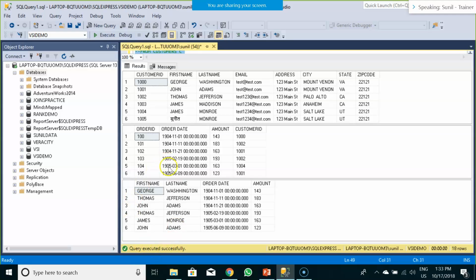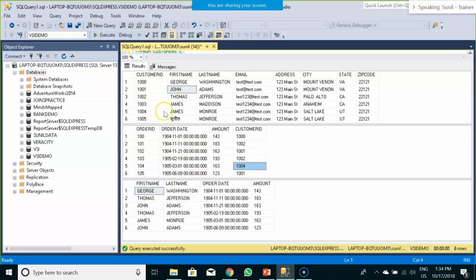Now what are the matching values? The matching values are 1000, that is George Washington. Then Thomas Jefferson, 1002. Then John Adams, that is 1001. Okay. Then there is Thomas Jefferson, 1002.